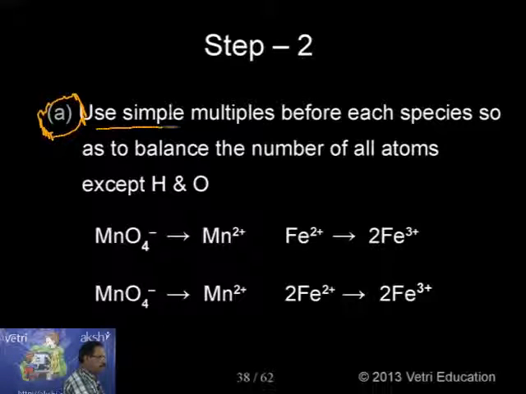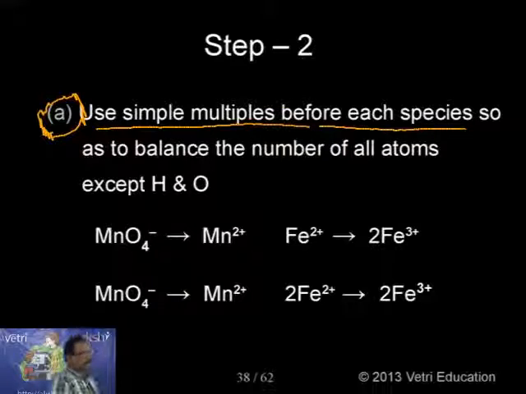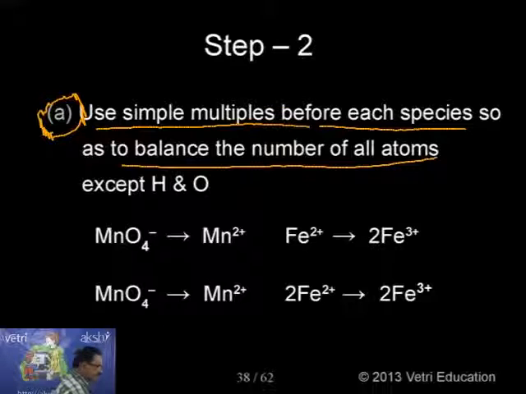Use simple multiples before each species so as to balance the number of all atoms except hydrogen and oxygen. This is under step 2, the first rule. That means except hydrogen and oxygen, we have to balance all the atoms on both sides by simply adding a number.